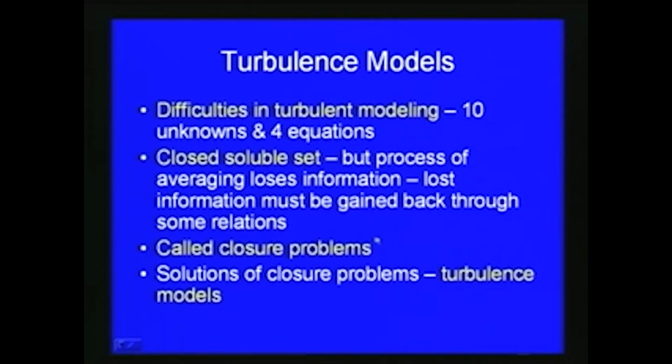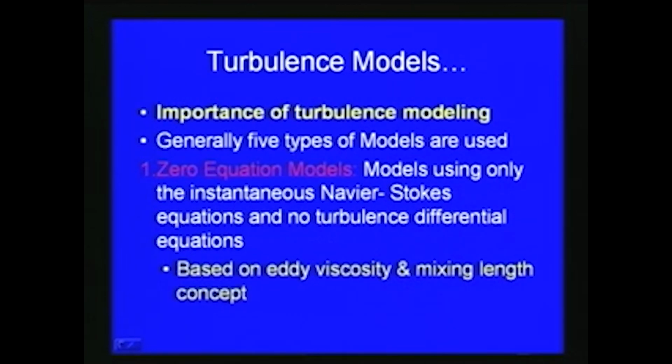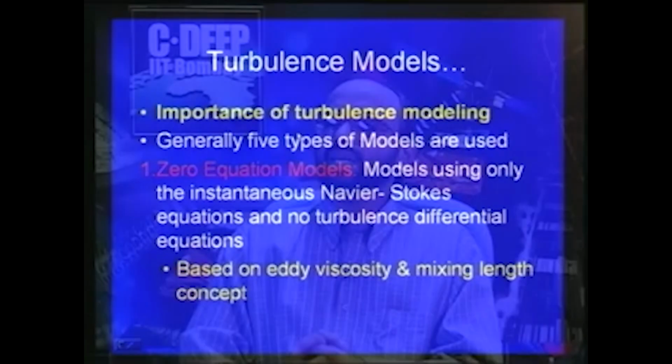So, this procedure is called closure problems, and through the solutions of closure problems we get the turbulence models. As far as turbulence models are concerned, if you refer to literature, we can see 5 types of models.